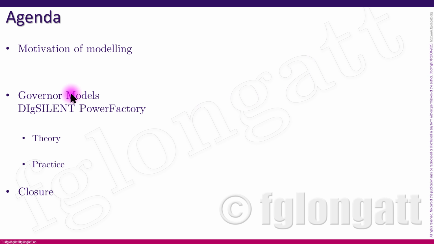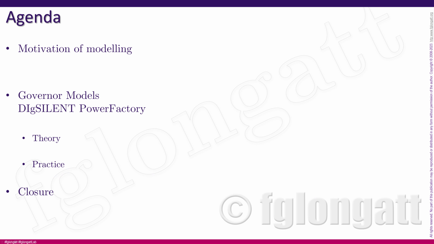Then I will show you how to get the governor model data inside the global library in DIgSILENT PowerFactory. I will show you initially using some theoretical slides how to do that, and you can follow the steps. Then we will go inside the software, DIgSILENT PowerFactory, and we will assess the data, and from there, the closure of this video.